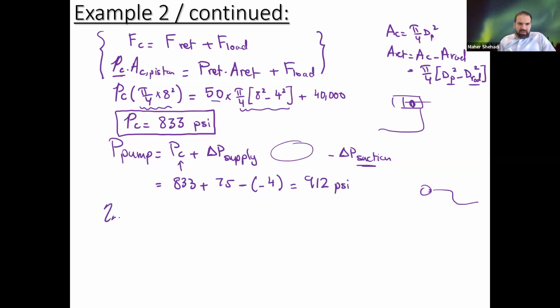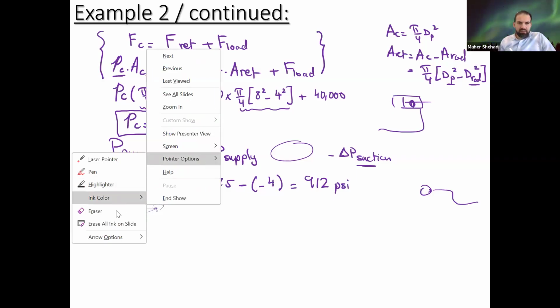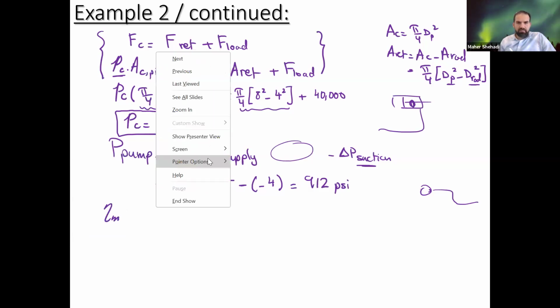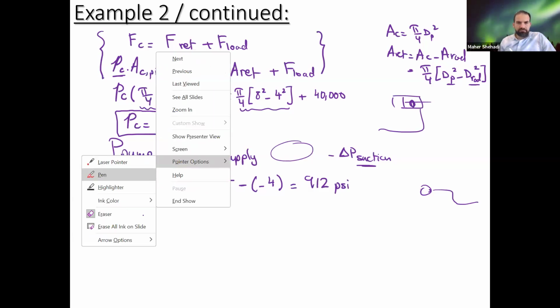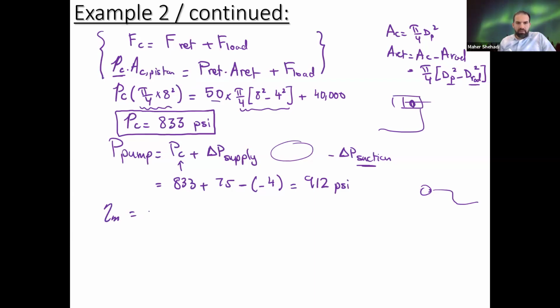Therefore, if I use the mechanical equation, that would be P for the pump times Q theoretical divided by 1714, and then the mechanical efficiency, and P for the shaft, that's what we're looking for.